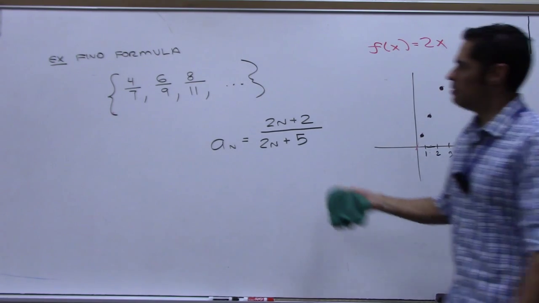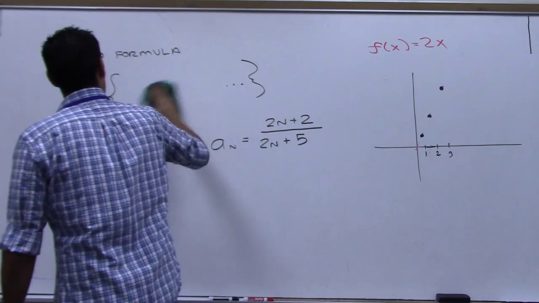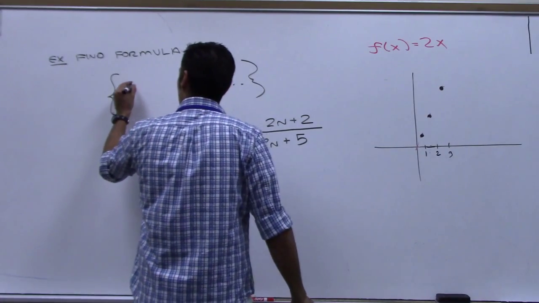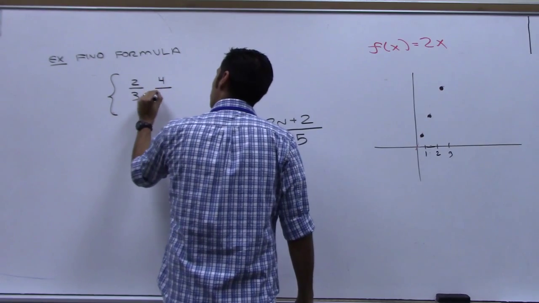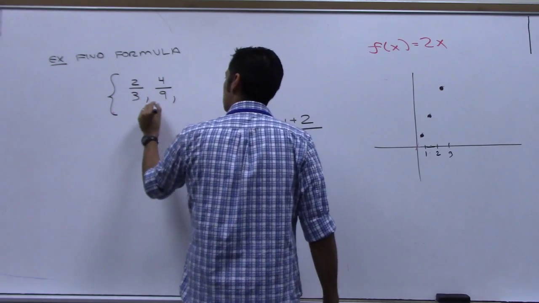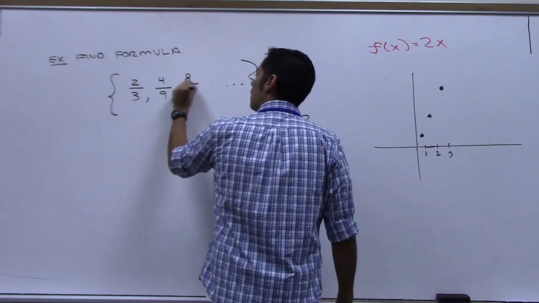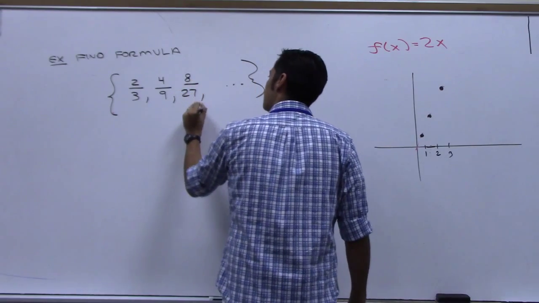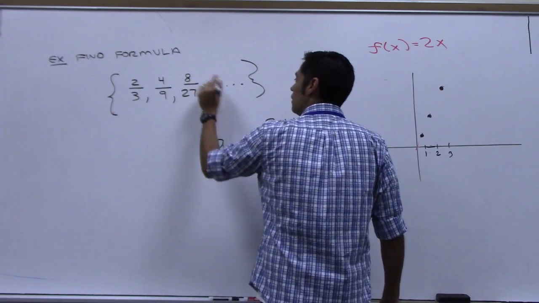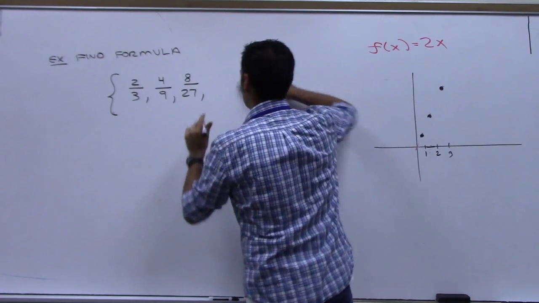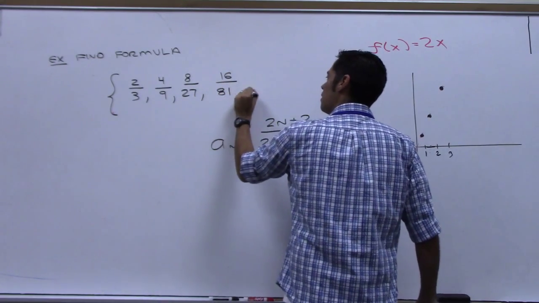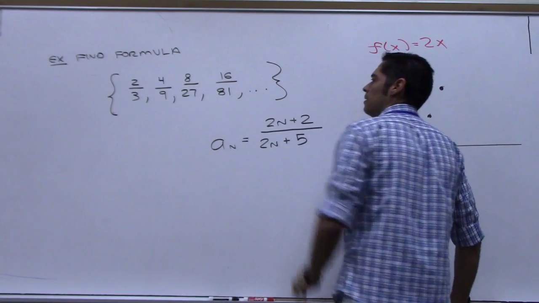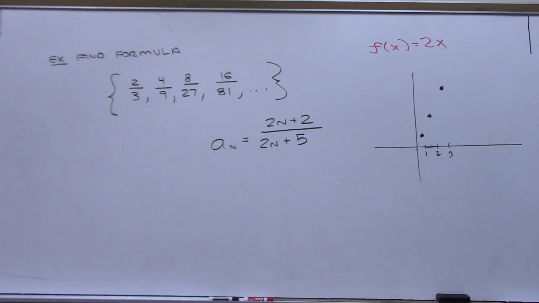Still have 2 minutes. How about this one? 2/3, 4 ninths, 8 27ths, 16 81sts. You see it?